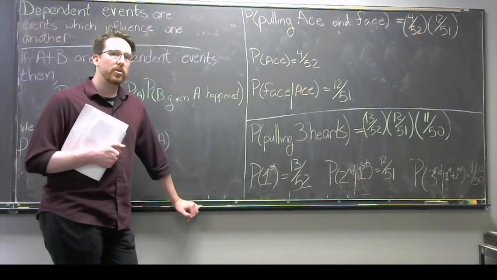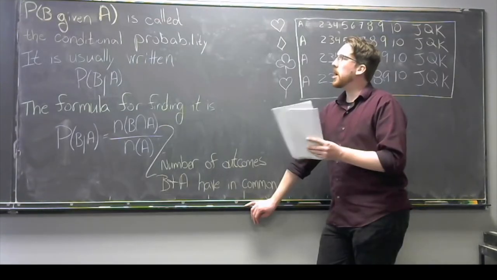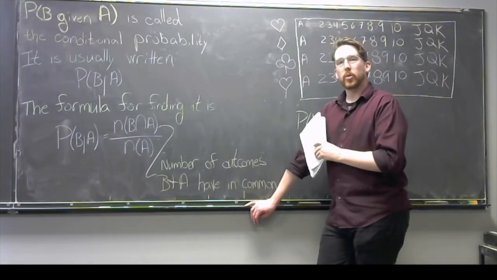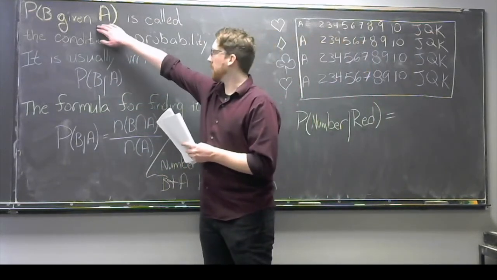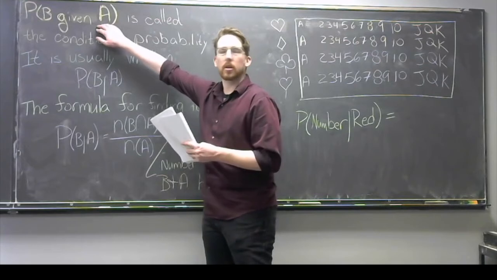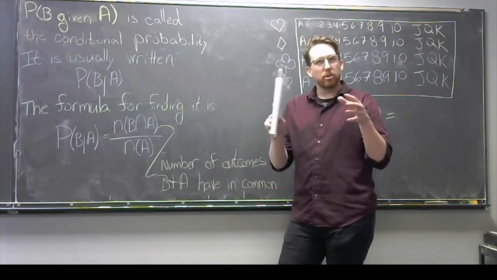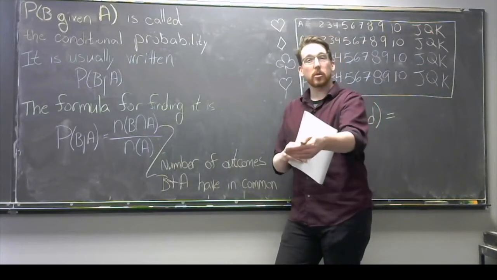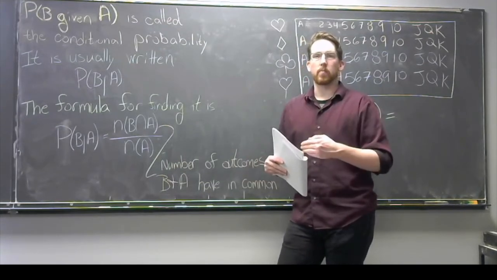Let's move on then to conditional probabilities. Getting back now to conditional probability. What a conditional probability is, other than just this term here, right? What it really means is if we're going to restrict what's available for B to happen, what's that probability?